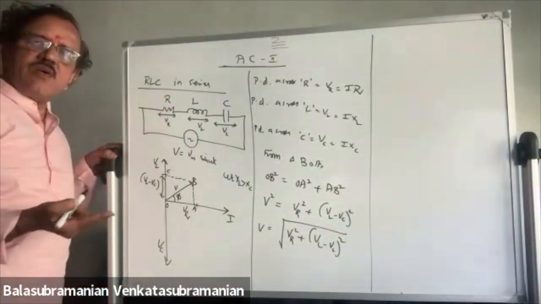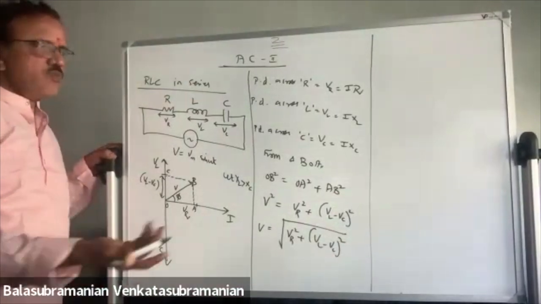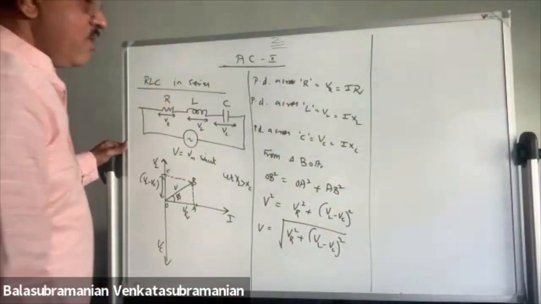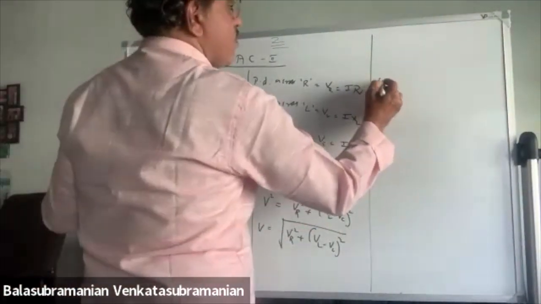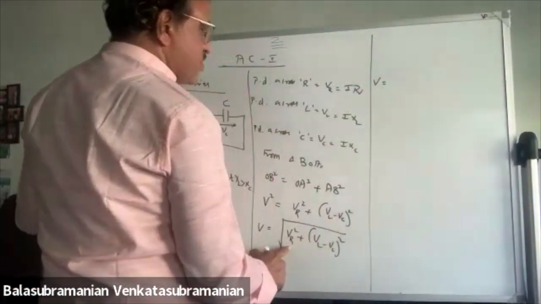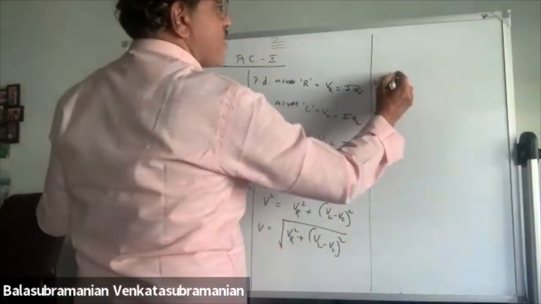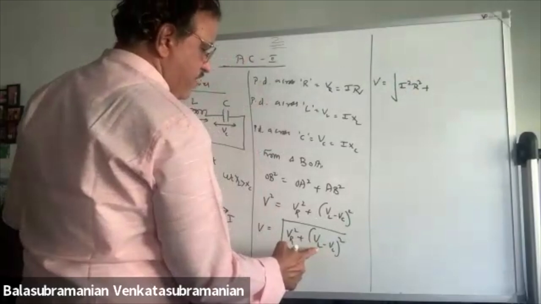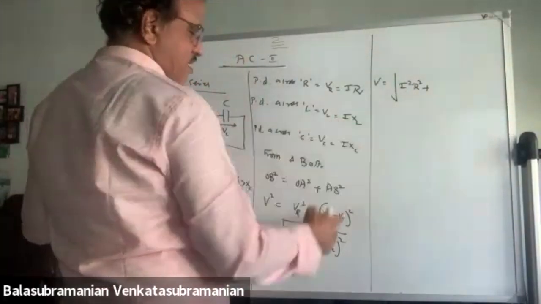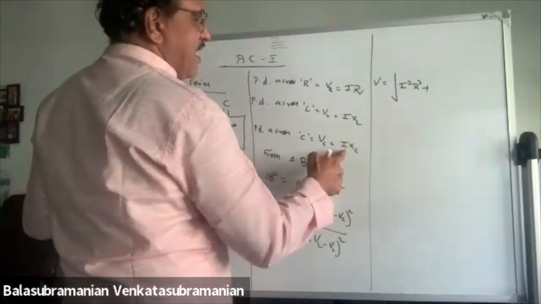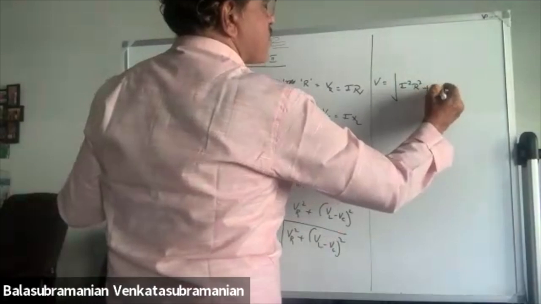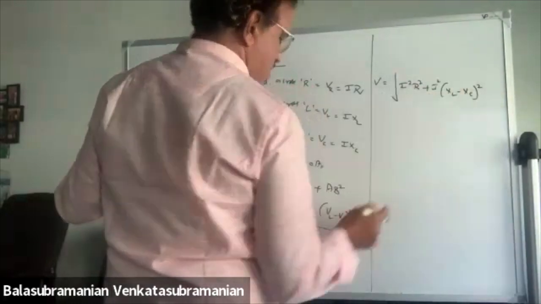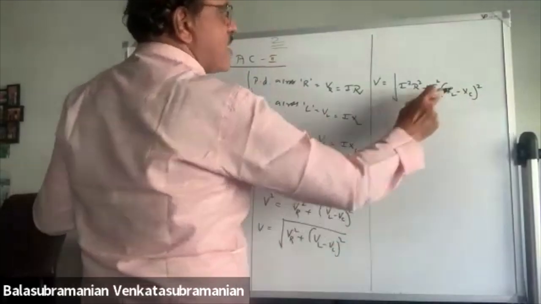Now, sir, in terms of current, I want to express. You substitute these values here. What do you get? V is equal to root of VR square, which is IR the whole square, so I square R square, plus VL is IXL, VC is IXC, so with I constant, XL minus XC the whole square. This is also I square.